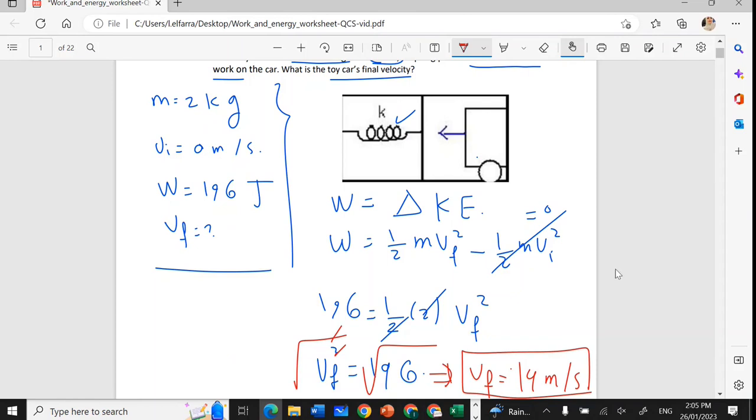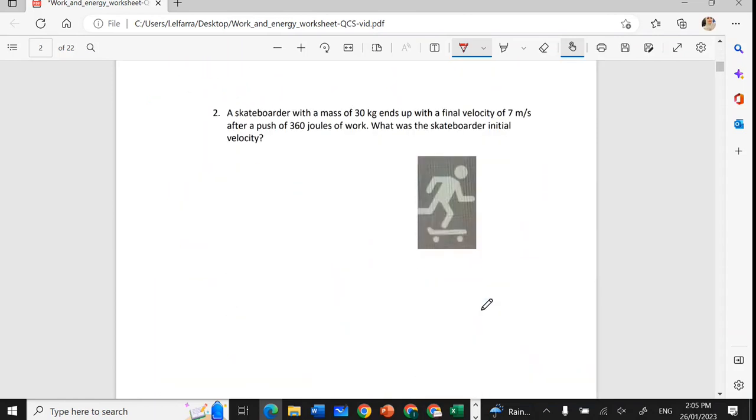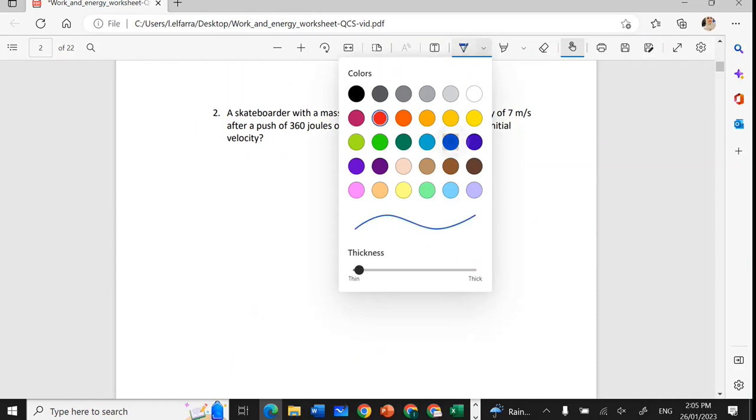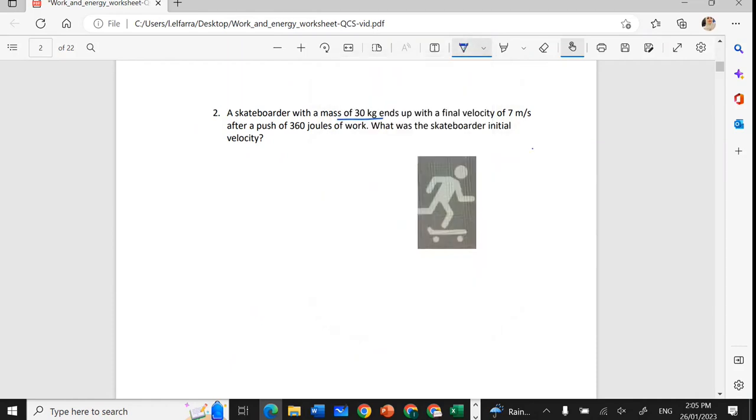Okay. Now we'll solve more questions to get the idea. Here we have a skateboarder with a mass of 30 kilograms. So m is 30 kilograms. He ends up with a final velocity of 7 meters per second after a push.